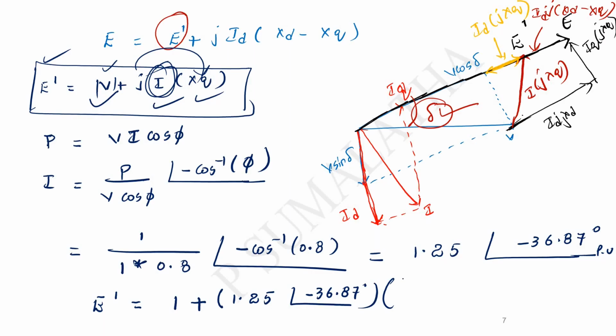The XQ value is given as 0.4 and J value is 90 degrees. By simplifying the above equation, we will get the E dash value as 1.36 at an angle 17.1 degrees per unit. Therefore, the del value is equal to 17.1 degrees.